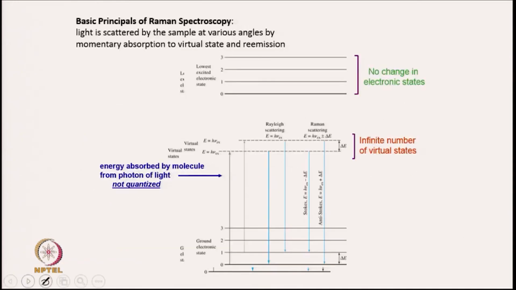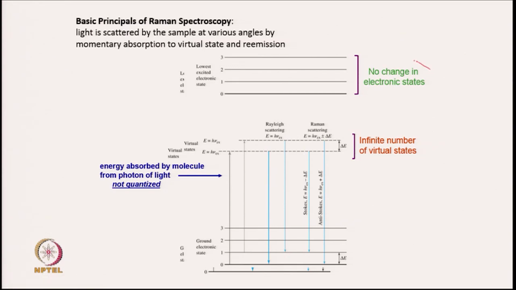The basic principle of Raman spectroscopy is that light is scattered by the sample at various angles by momentary absorption to a virtual state and then emission. So, on absorption the molecule does not go to a vibrational level, it goes to a virtual state, and that is what is seen here.